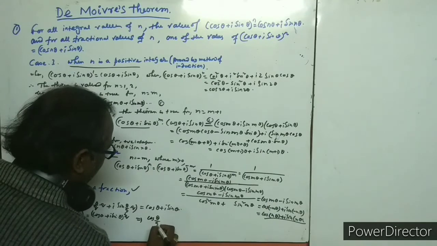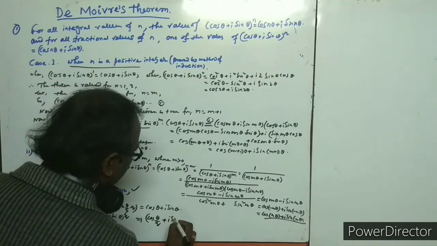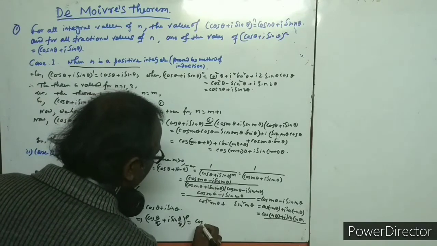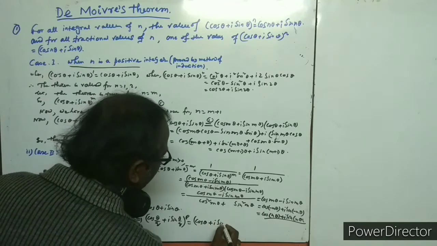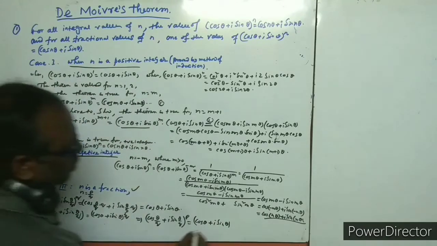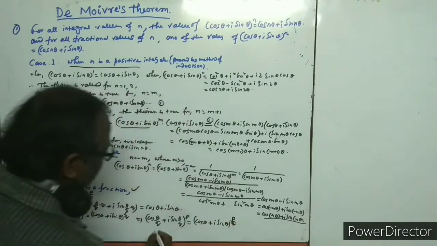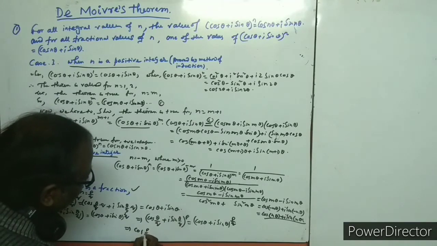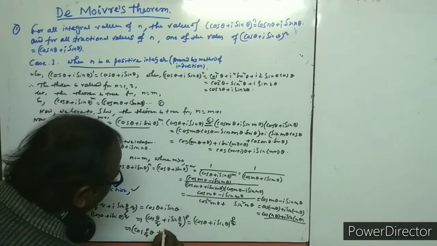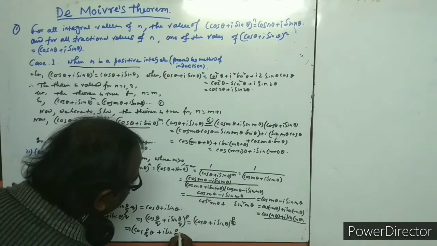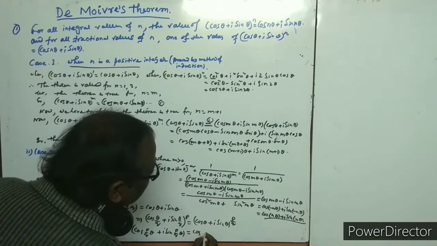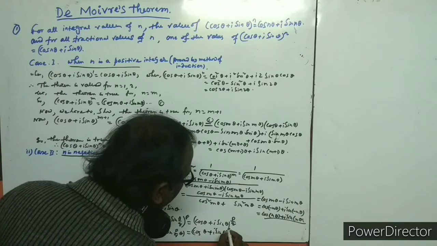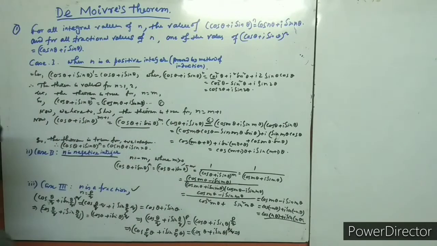This is (cos θ/q + i sin θ/q) to the power p, equal to (cos θ + i sin θ) to the power p/q. So simply you can write here, cos (p/q)θ + i sin (p/q)θ, where p is a positive integer, is equal to (cos θ + i sin θ) to the power p/q.